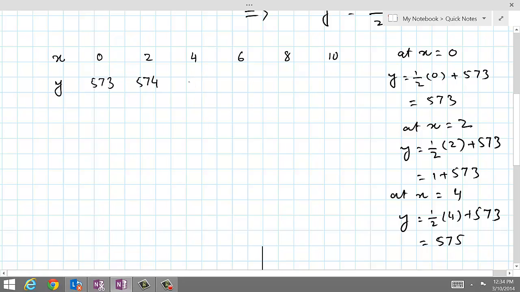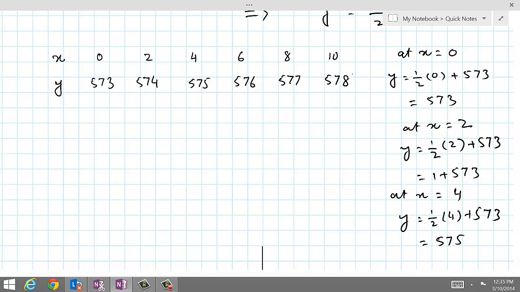Next would be 576, then 577, and then 578. So for every increment of two in the values of x, there is an increment of 1 in the values of y.